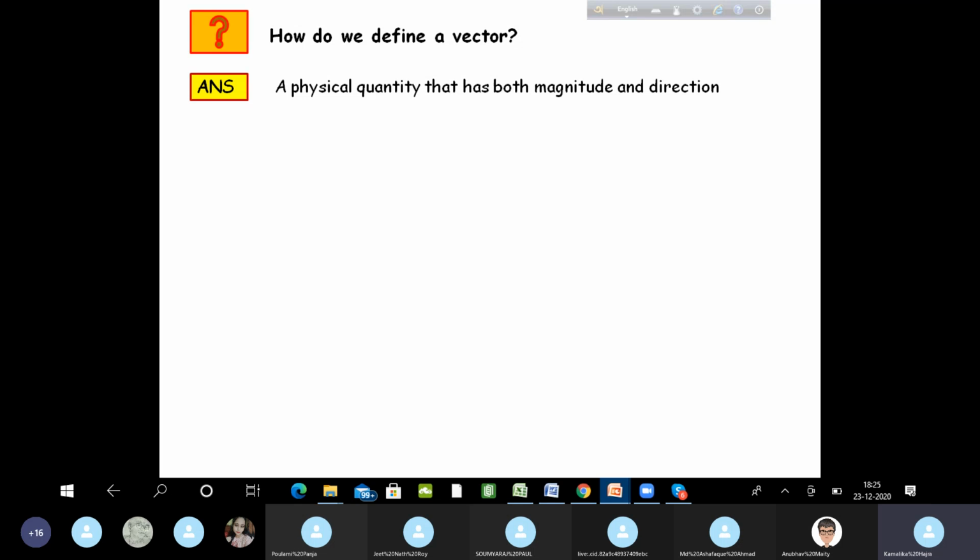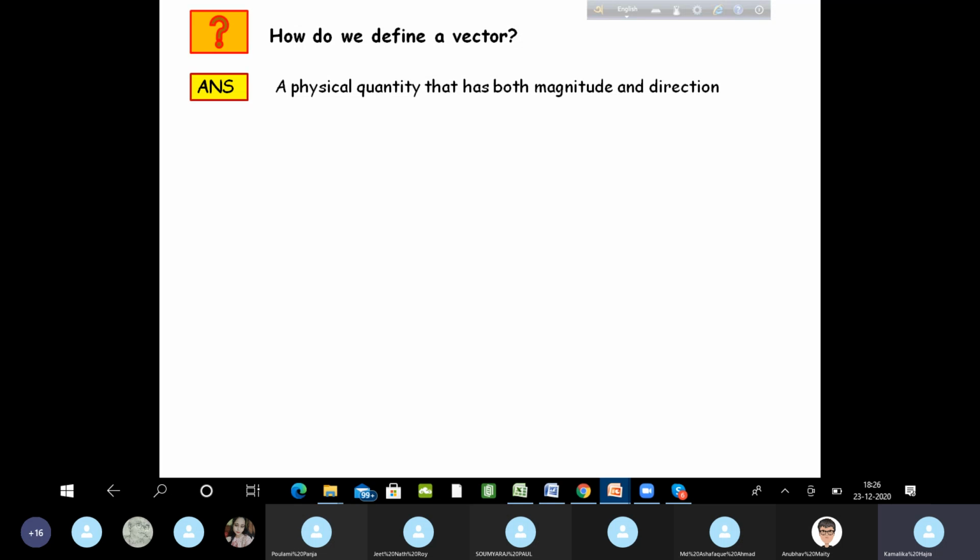One group has only magnitude, and direction is irrelevant, for example mass and volume. They are called scalars. The other group, like displacement or force or velocity, is one for which not only the magnitude but also the direction becomes important, and if you do not say something about the direction, then the whole thing becomes meaningless. Those quantities are called vectors.